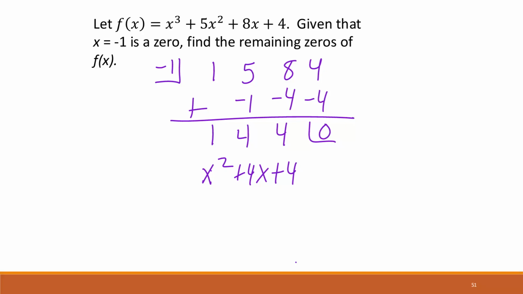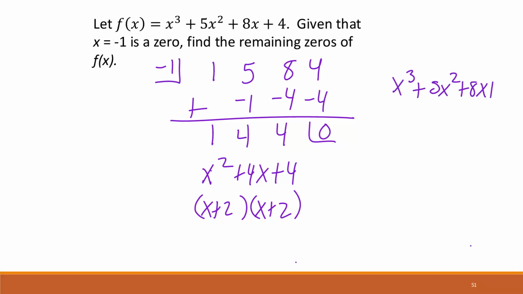Well, that's really easy. If we don't know what a solution is here, we can just factor, because now this is a quadratic. So this is x plus 2, x plus 2. So what we're saying here is that x cubed plus 5x squared plus 8x plus 4 factors to, if x is equal to negative 1 right here, that means x plus 1 is a factor.